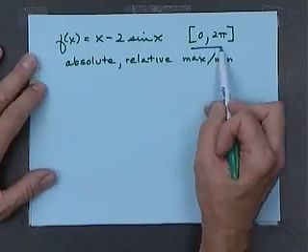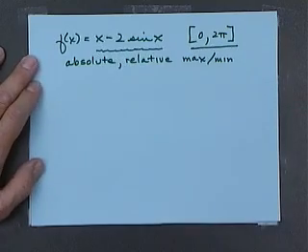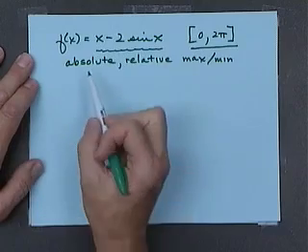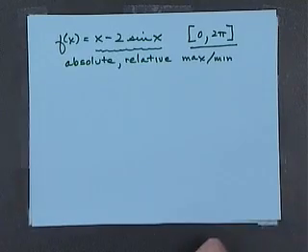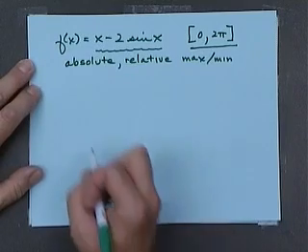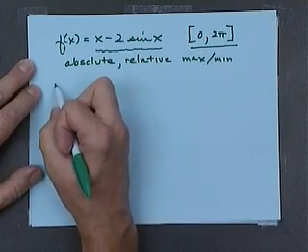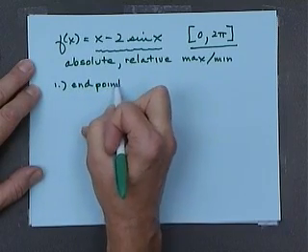We've got a closed interval. Is this continuous? Yeah. It is continuous. So we will have an absolute max and an absolute min, and we possibly might have some other places where they are relative max and min. At some point in time, we're going to need to find the endpoints. Why don't we go ahead and get those out of the way?